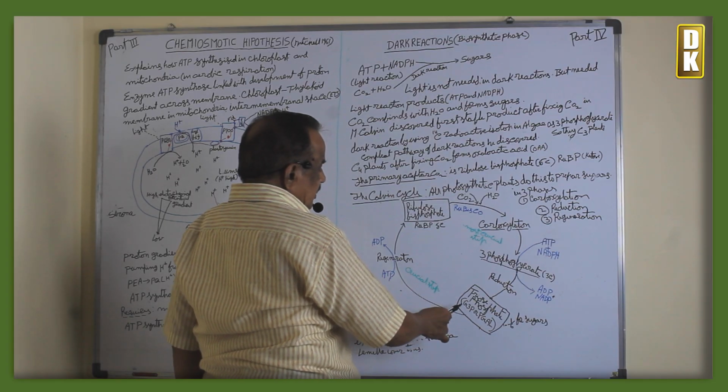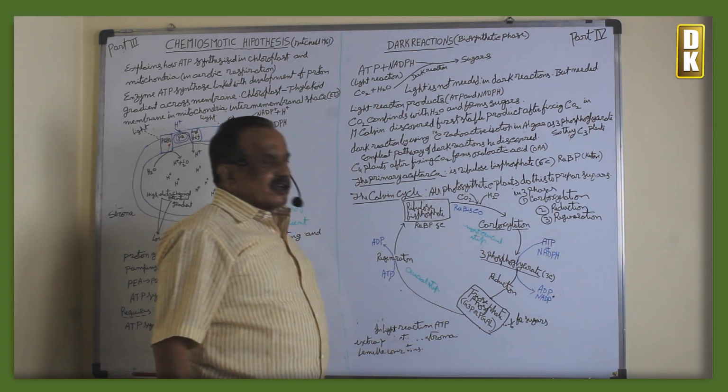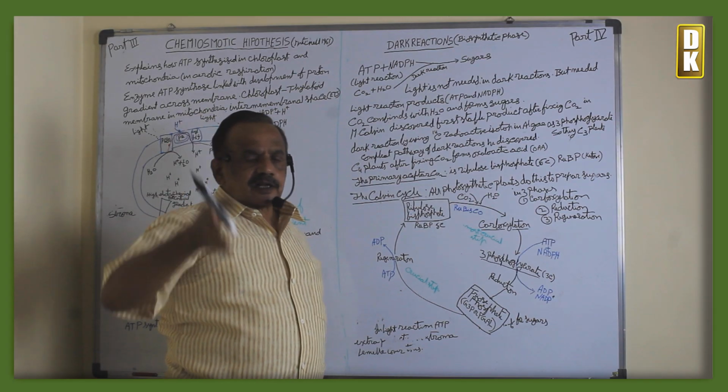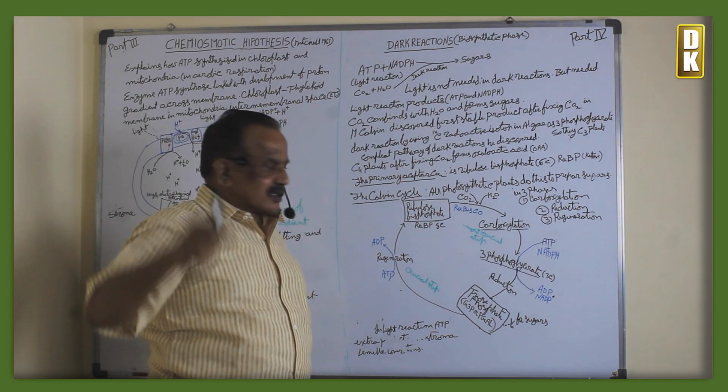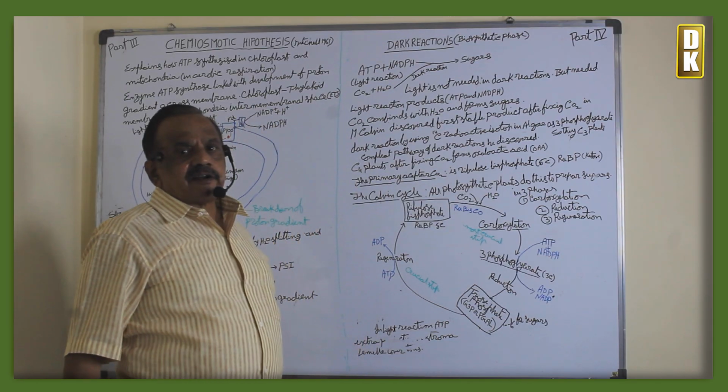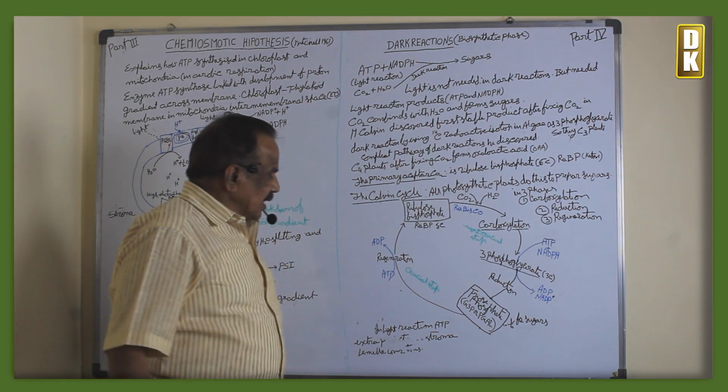This triose phosphate is also called glyceraldehyde 3-phosphate, which comes in the glycolysis of respiration. That is different, there I will discuss. It is also called phosphoglyceraldehyde, PGAL.